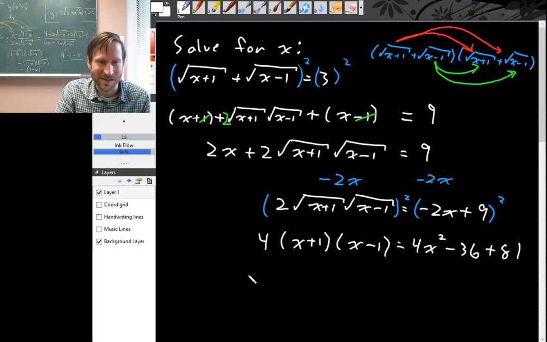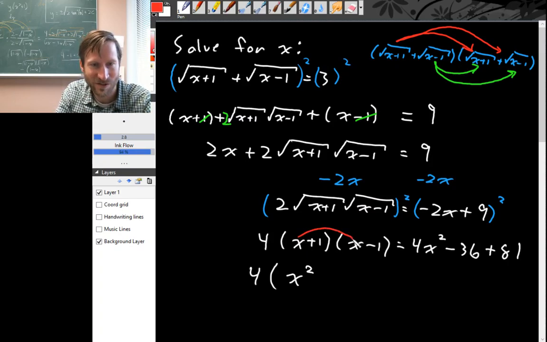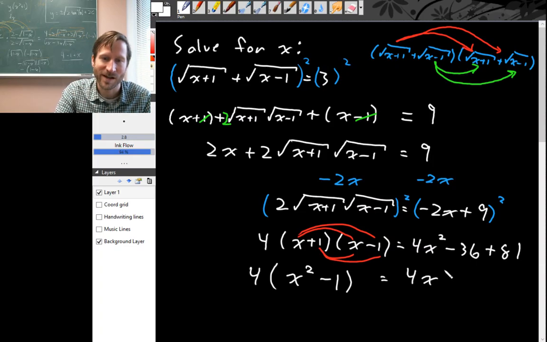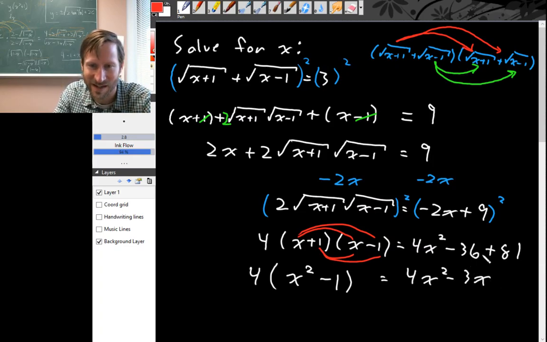So let's multiply this out. On the left-hand side, we get 4 times x squared, a plus x, a minus x, and a minus 1. So 4 times x squared minus 1 equals 4x squared minus 36x plus 81.